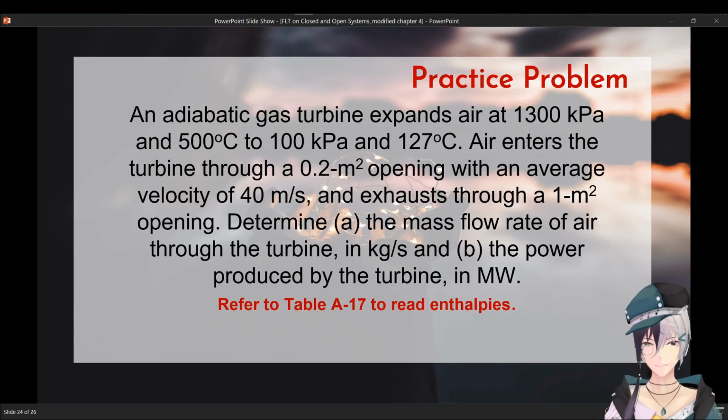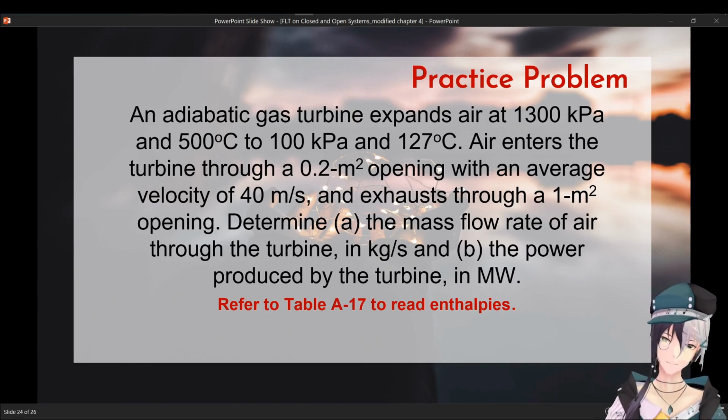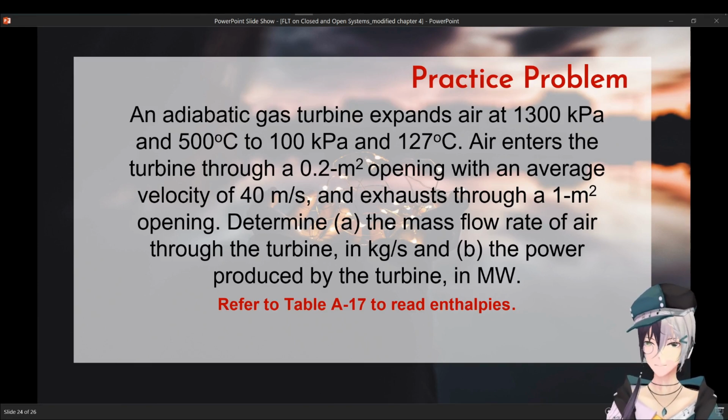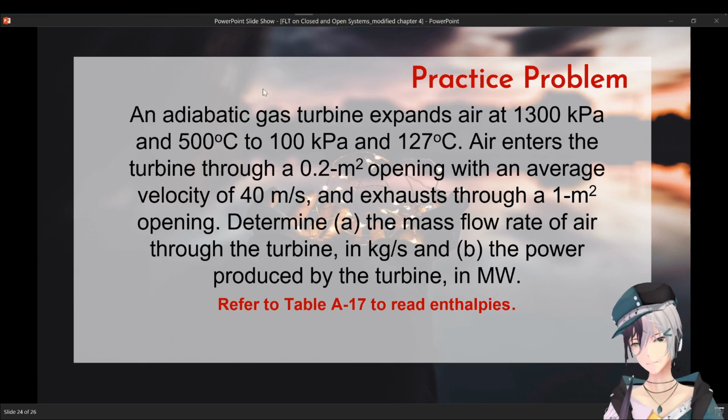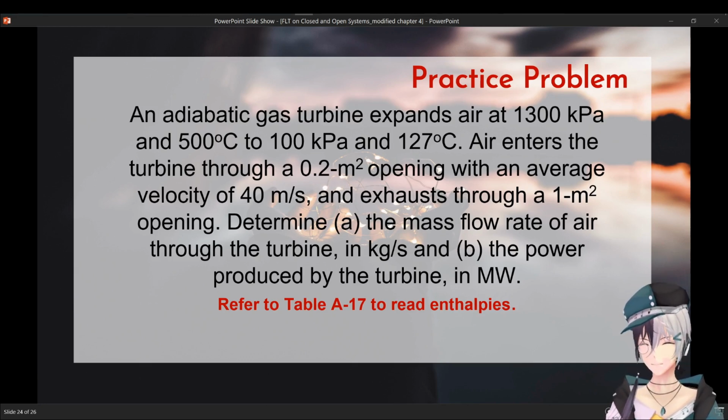Okay, so I leave you with this practice problem. You do this on your own. An adiabatic gas turbine. Again, be careful with the units and take note of the terms. In this case, again, adiabatic, just like the previous example, so no heat is going in and out of the system.